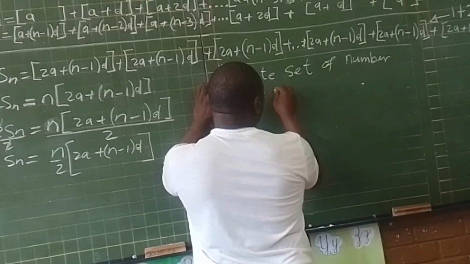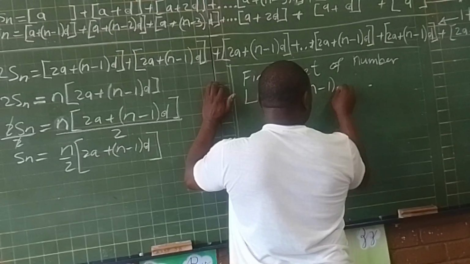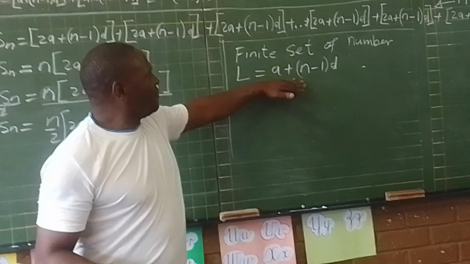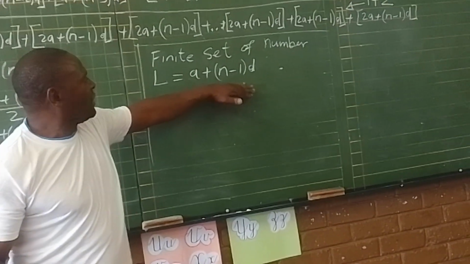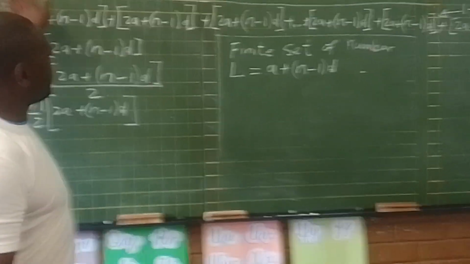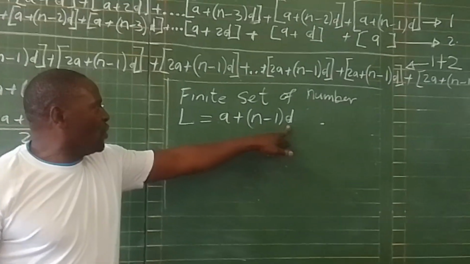The last term is going to give you a plus n minus 1d. Remember, all the terms we can use to find a plus n minus 1d. The first term we can use to find that, provided we have a common difference which is known.